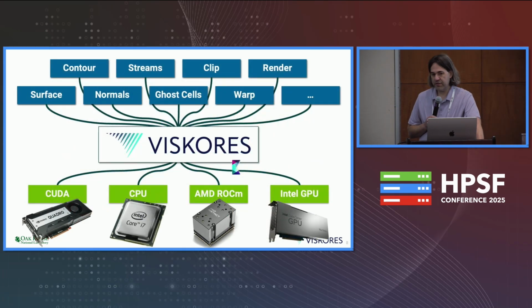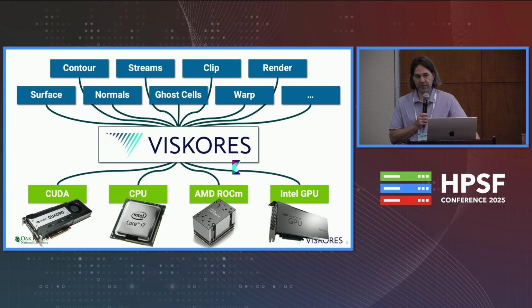Another thing that Viskores has addressed since its inception is the understanding that the different types of architectures that we experience in HPC systems can vary quite dramatically. We still have CPUs, and we want to take advantage of the parallelism there, but we also see various vendors with different types of GPUs, and we may see more exotic products in the future as well.